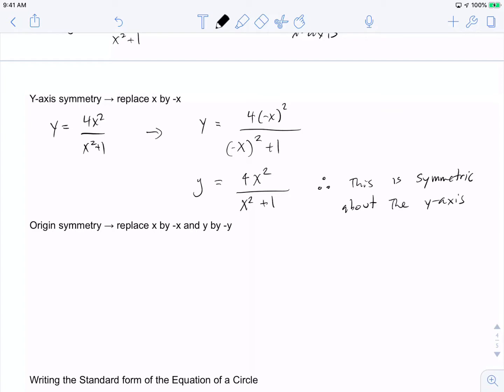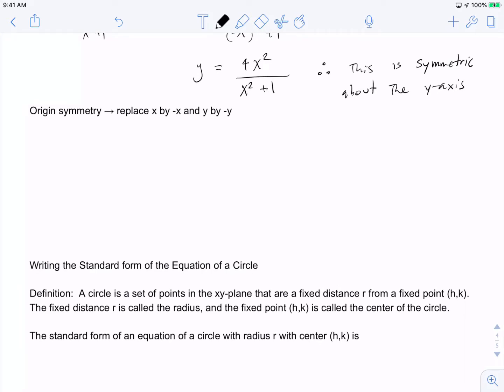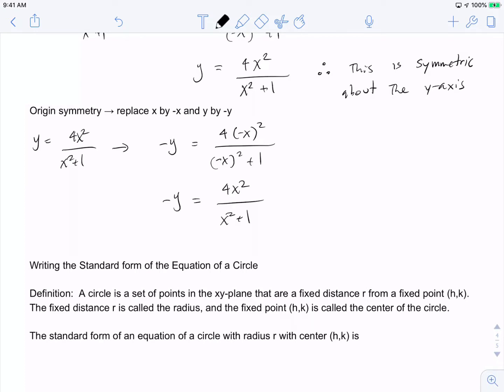Alright, so now let's check it about the origin. And we see that about the origin, what we're going to change is both the x and the y. So again, let me write the problem so we have it. It's going to be 4x squared over x squared plus 1. And now changing that, we're going to get negative y is equal to 4 times the negative x, that quantity squared, over negative x squared plus 1, and we see we're going to get negative y is equal to 4x squared over x squared plus 1.